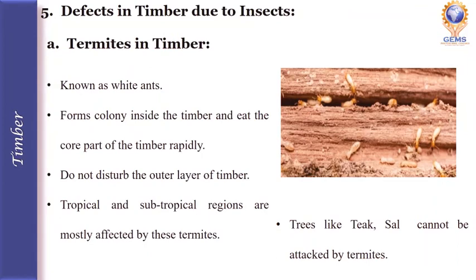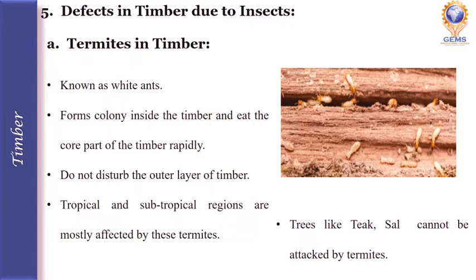The next is the defect in timber due to insects. How do insects cause defects in timber? Under this, the first one is termites in timber. Termites, also known as white ants, form a colony inside the timber and eat the core part of the timber rapidly.